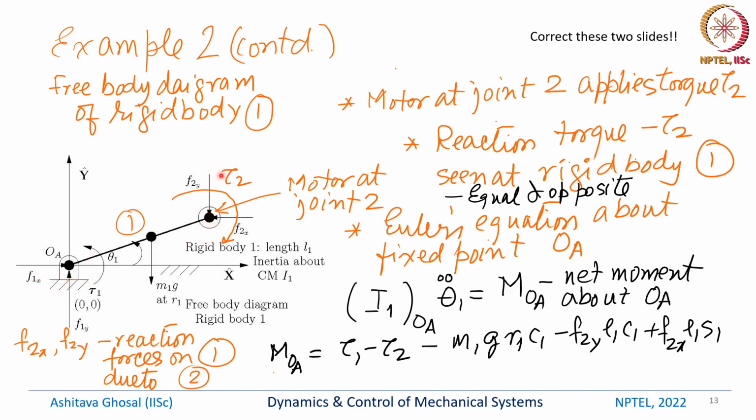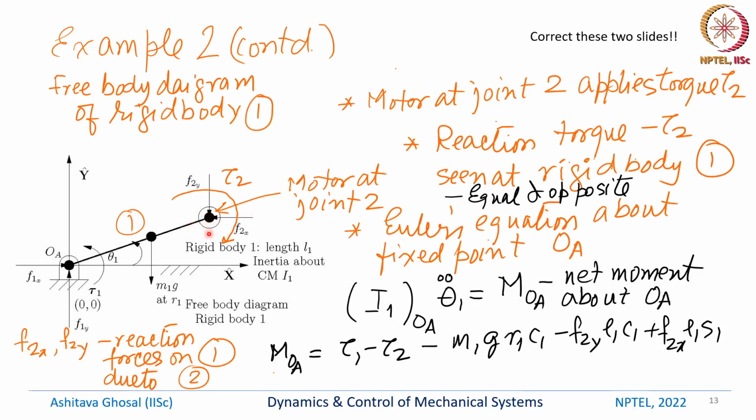It could have been the other way around, but it doesn't matter. It will get automatically adjusted, because for the second link, when we draw the free body diagram, we will have to assign a force F2y and an F2x equal and opposite in the opposite direction. This is as far as forces are concerned.